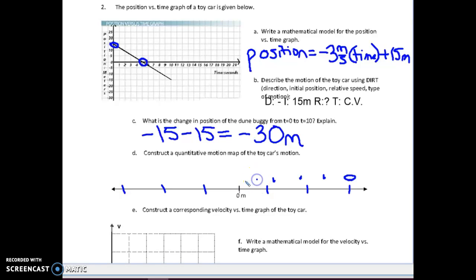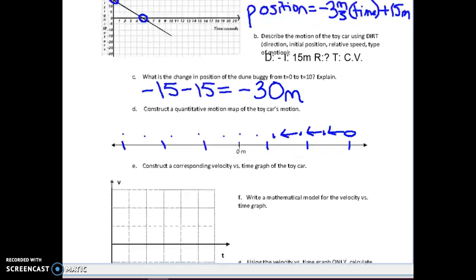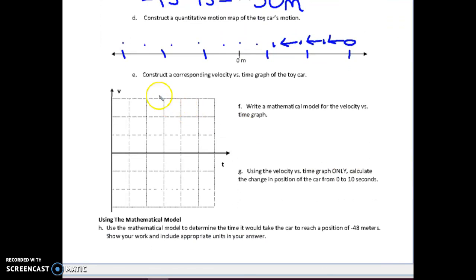Position 3, position 0, position negative 3, negative 6, negative 9, negative 12, and then negative 15. I would connect these with arrows pointing to the left. I'm only going to do a few of them because I think you can understand what's going on.